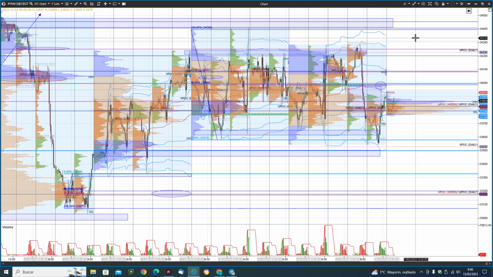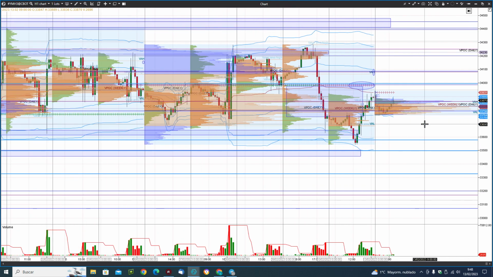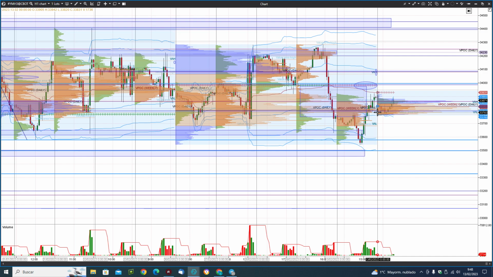Today is February the 13th, and let's start with Dow Jones. The price is very close to the weekly VPOC of last week. Then above the point we have two final VWAP lines, about 33,935 and 33,984.